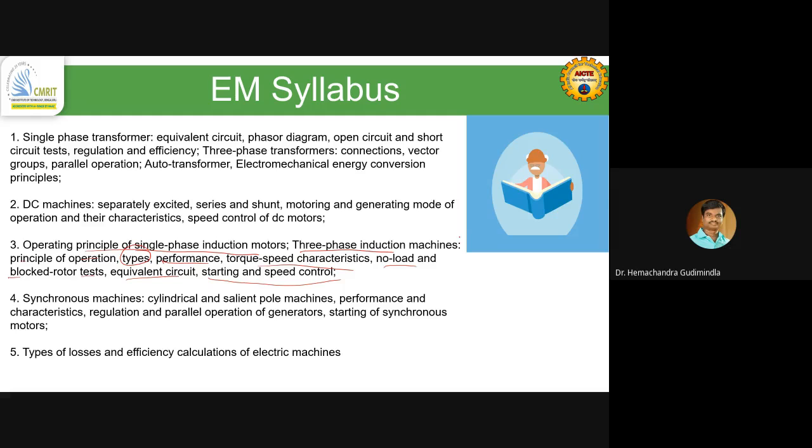In this I already told, from the transformers mostly they will give more marks. Let us take like 6 or 7 marks. From here 4 marks and here 4 marks. And synchronous machines also 4 marks. So most of the times they will give around 15 to 20 marks. We cannot predict how many marks from that, but this is the general analysis from the previous year's question papers.